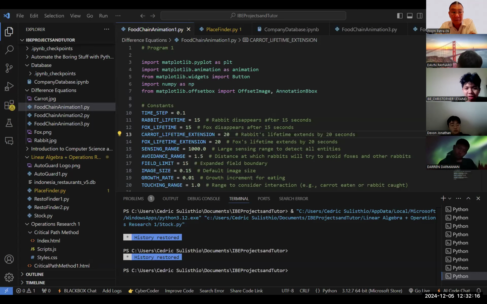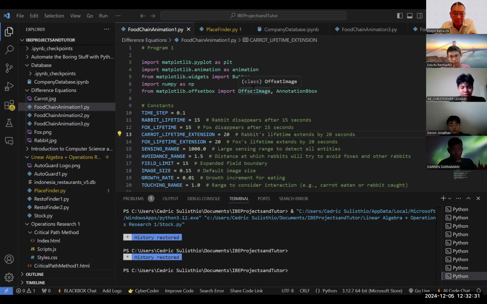For mine it is also for difference equation only, sir. How about the OR, portfolio management and backtesting? Should we do the linear algebra and OR presentation in the next lesson? Okay, no problem.